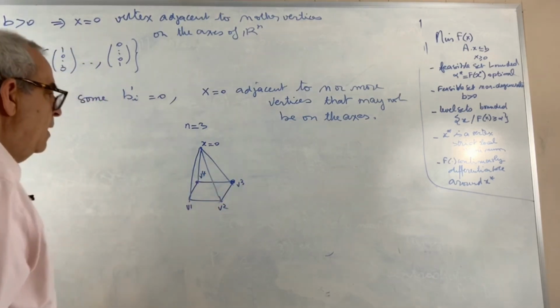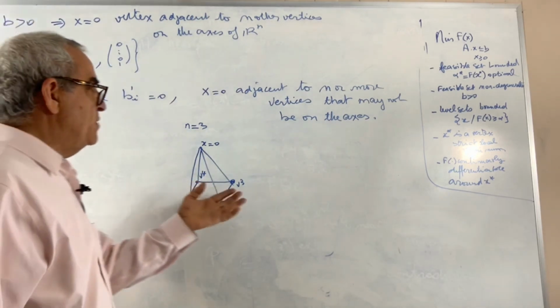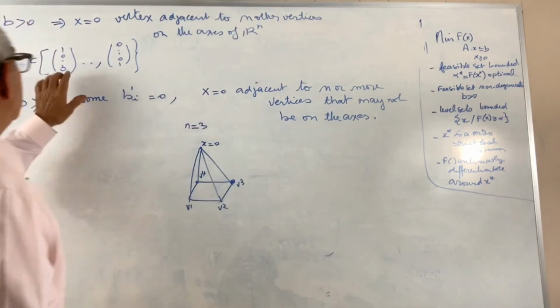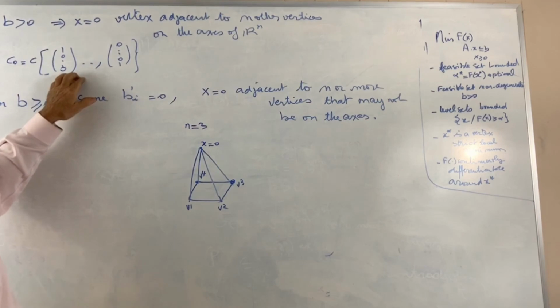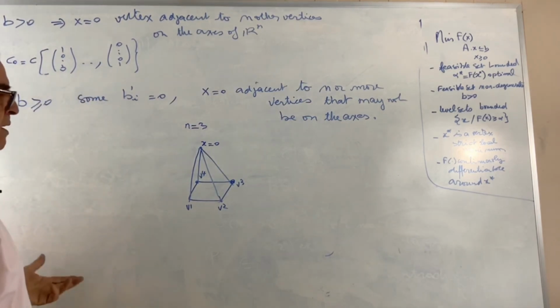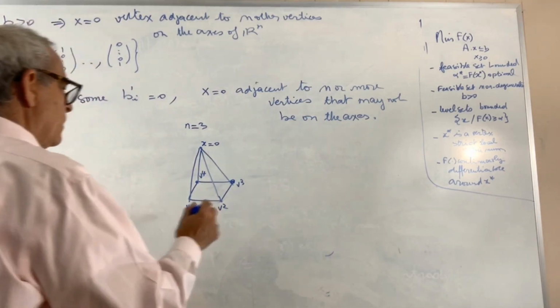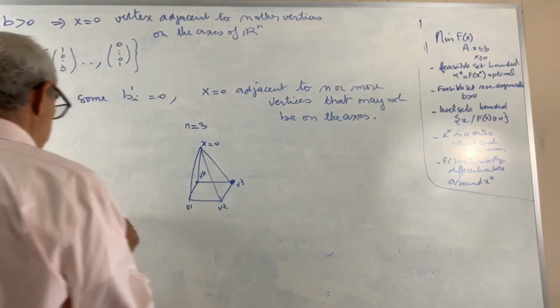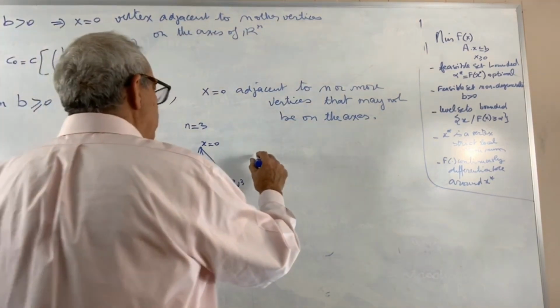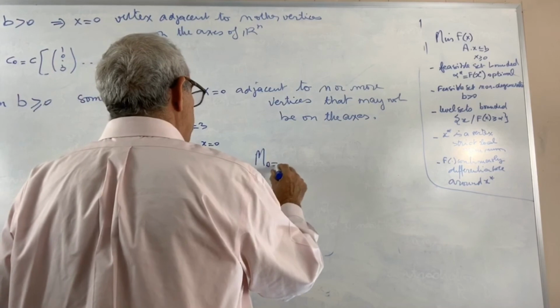And some of these are not on the axis of Rn. So I cannot use this starting cone. But here I could start with my set of cones to be searched.